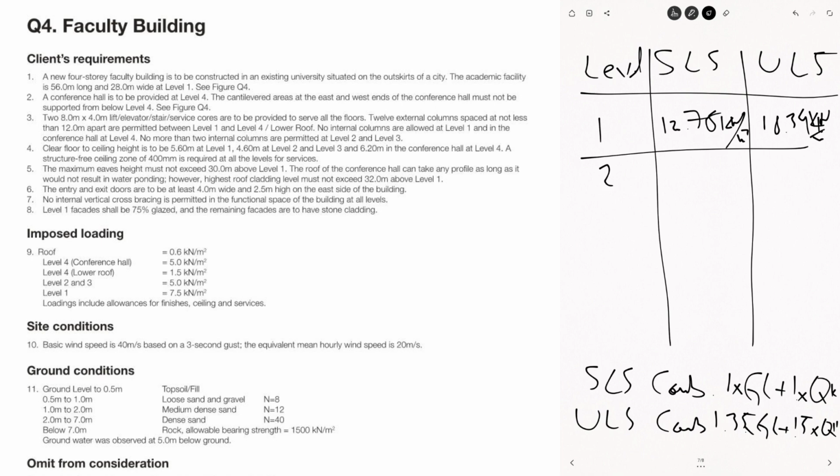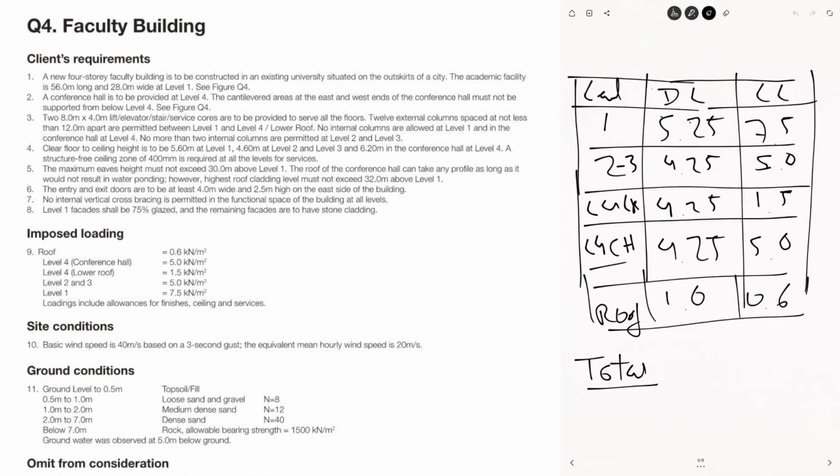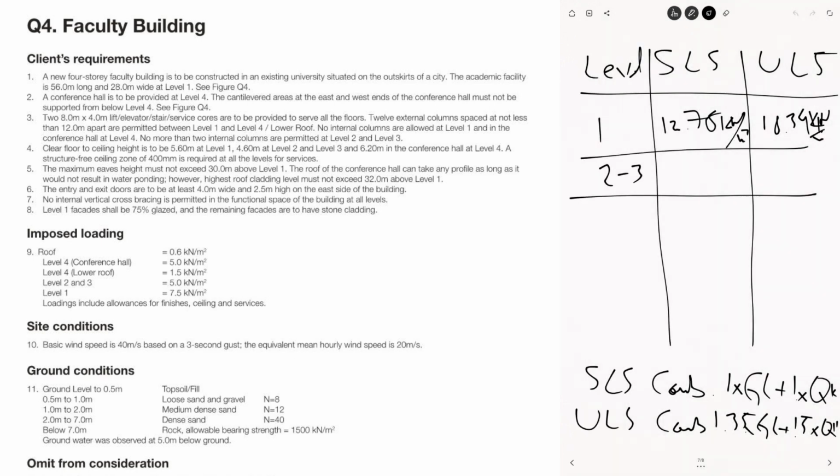Now levels 2 and 3. We got 4.25, I think. Yes. Plus 5 would be 9.25. I'm going to say that these are kilonewtons per square meter, so I don't have to write them again and again.